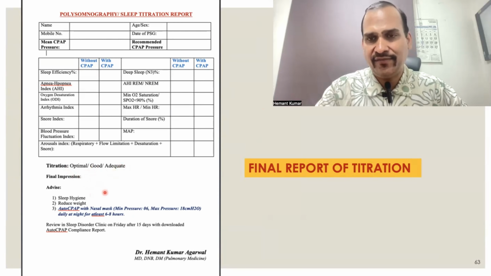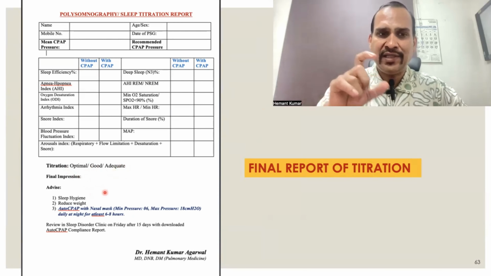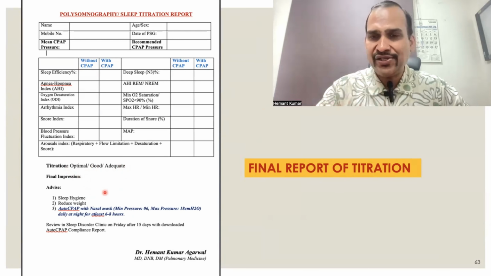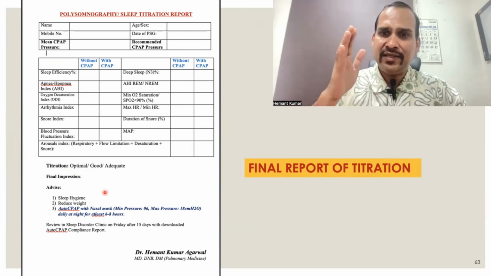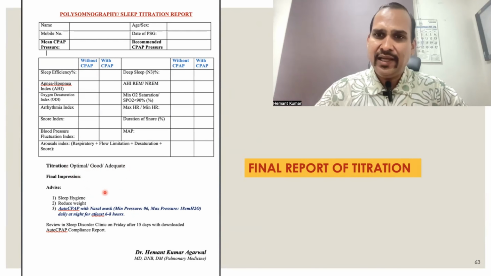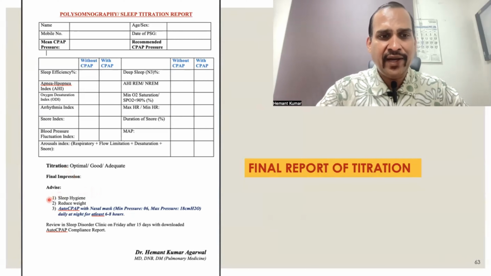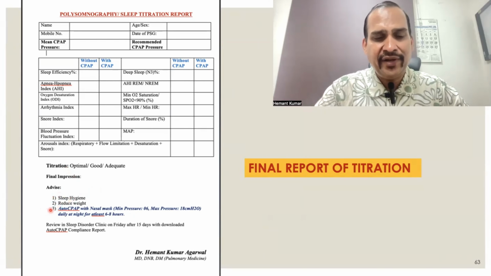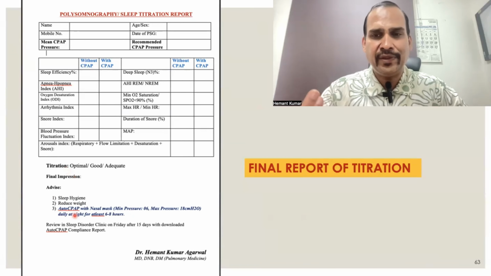Then the final impression. The final impression is that the patient had a good titration, and with CPAP, his sleep apnea became from severe to mild or severe to normal. And at last, we have to advise sleep hygiene, weight reduction, and CPAP, auto CPAP or manual CPAP, whichever the patient is comfortable with.